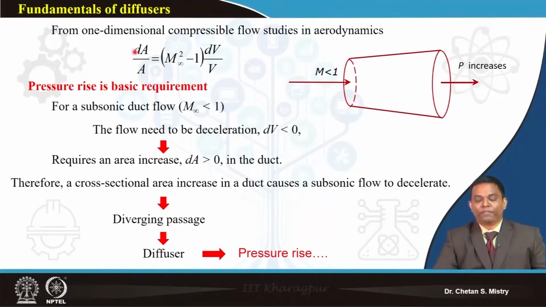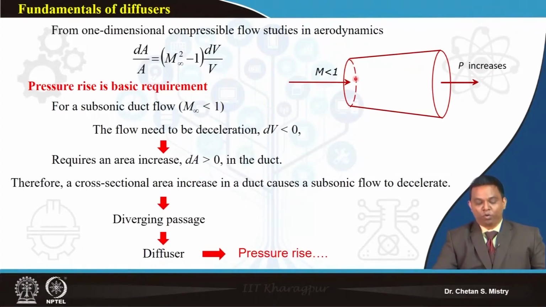So that gives you the shape where my inlet diameter, or inlet passage area, is smaller, and my exit diameter is larger. Now this shape is what people aerodynamically call a diverging passage.